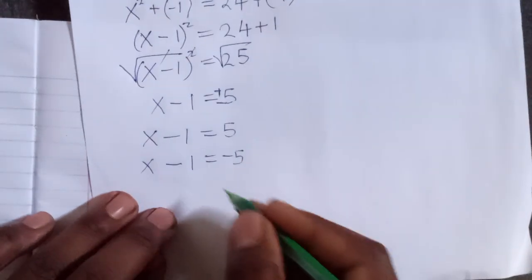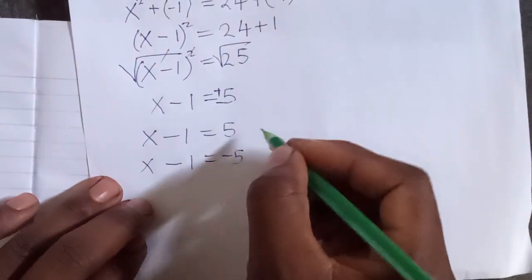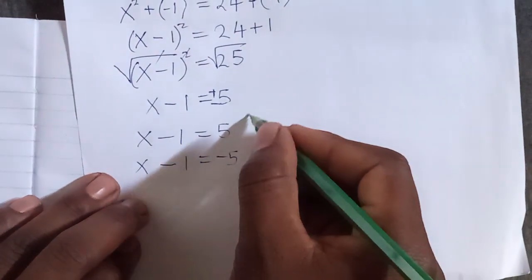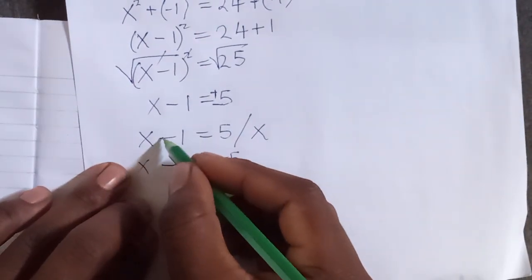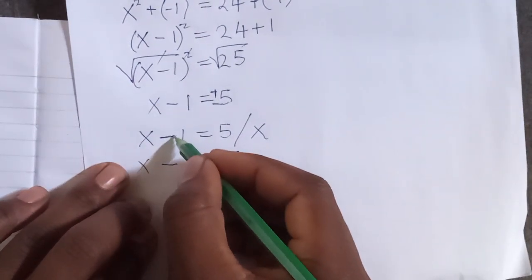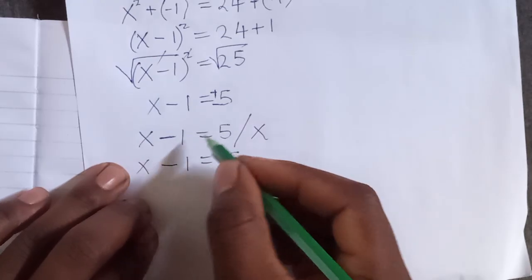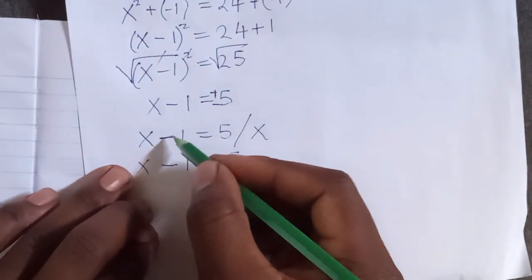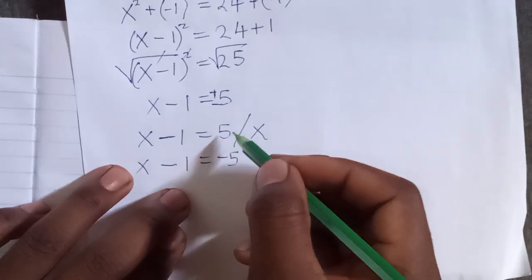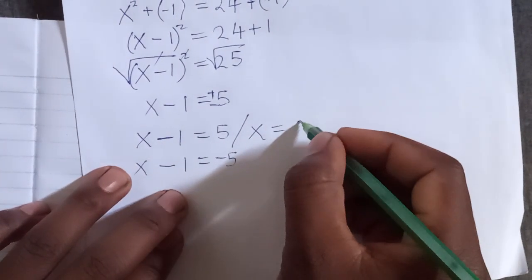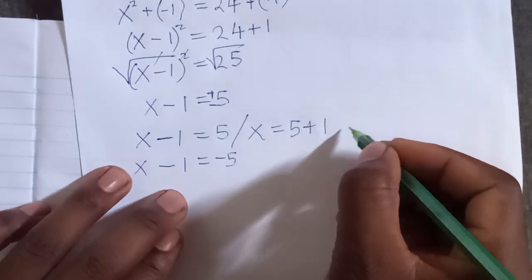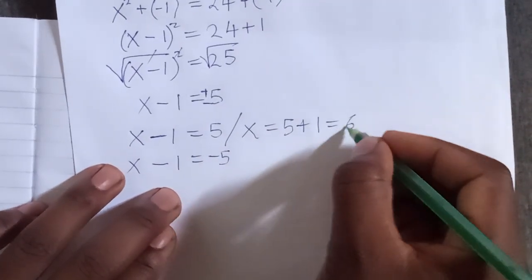So the next thing that we are going to do for this one, we can just say x, then we group the like terms together. So we make this negative 1 cross the equal sign, it will be positive. So it will be equal to 5 plus 1, which will give us 6.